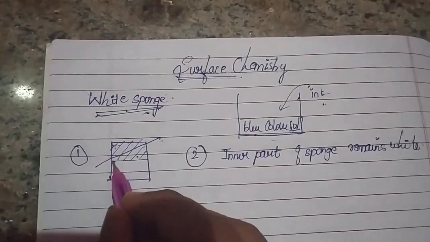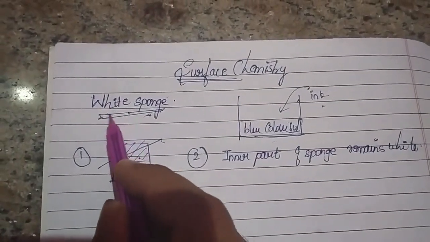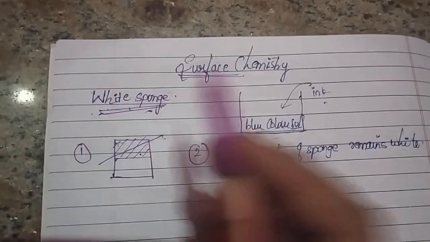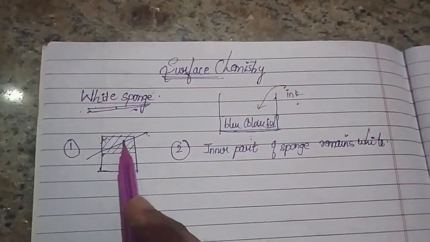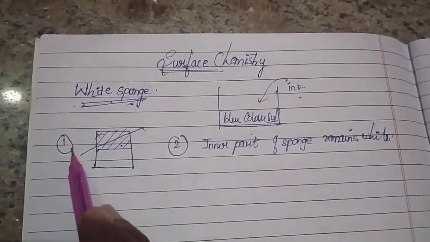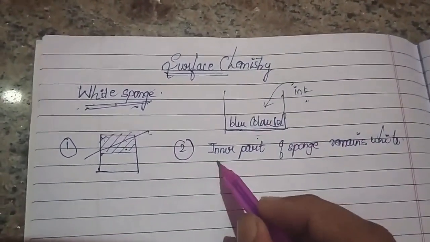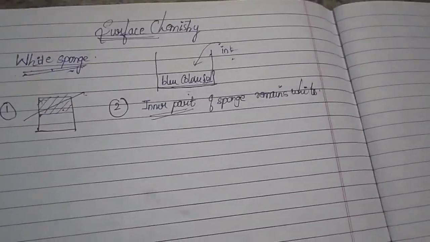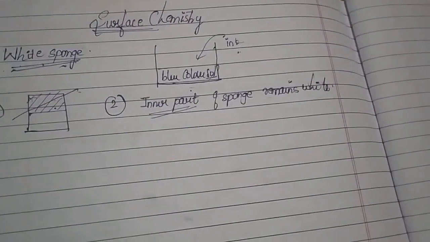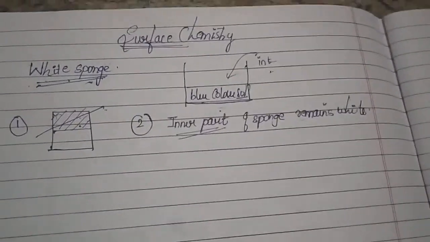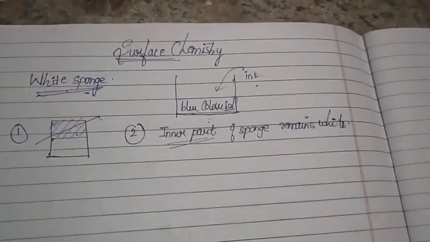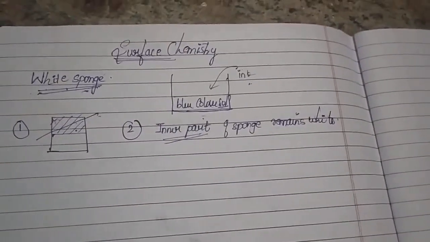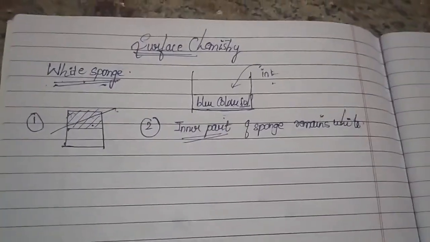So what was the first observation? We have seen that the exposed part of the sponge that was in this medium has turned blue, and when we tear it, we observe that the inner part of the sponge remains white itself. That means, it is just an example for better understanding of what we are going to see in this chapter. So what is the conclusion we can draw?